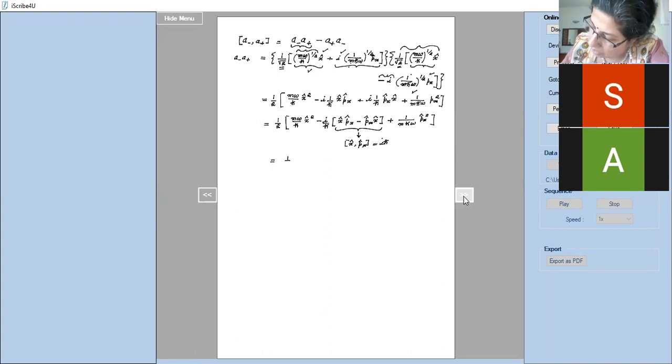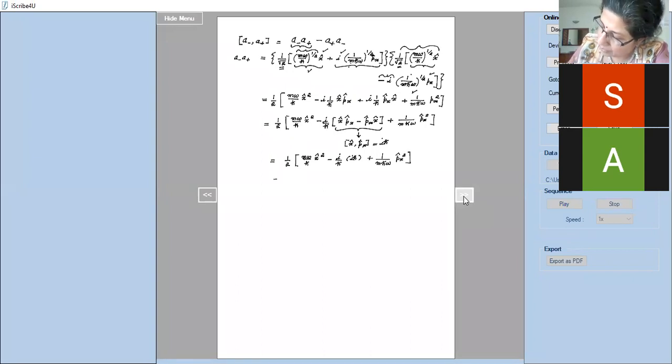So we'll get a half, we will get m omega by h cross x square minus i by h cross into i h cross, and you will get a plus 1 upon m h cross omega px square.